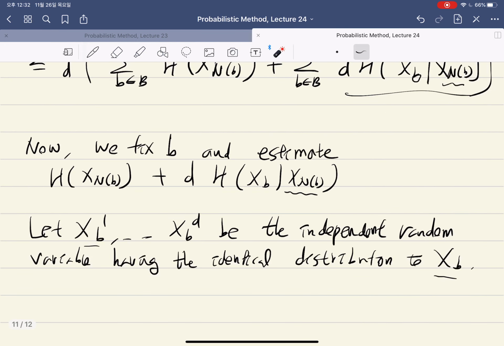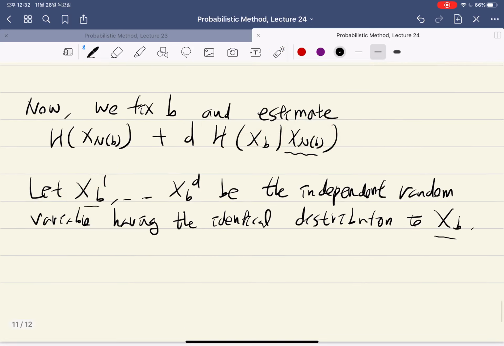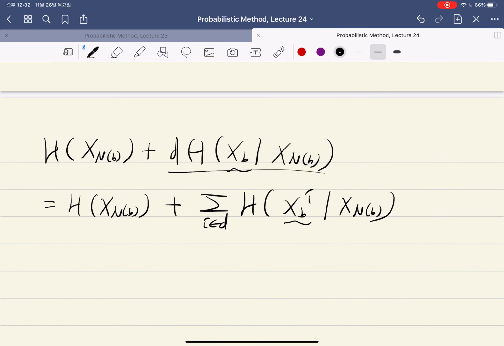Yeah, let's just say that this has the same distribution as X_B, when you condition on a certain event here, this and this have the same distribution. And of course, because of that, even if you don't condition on this, they have the same distribution. So the sum of D of these can be rewritten in this way.